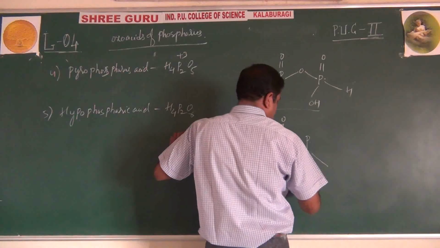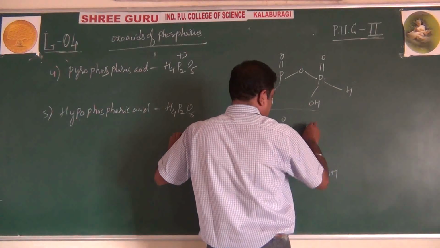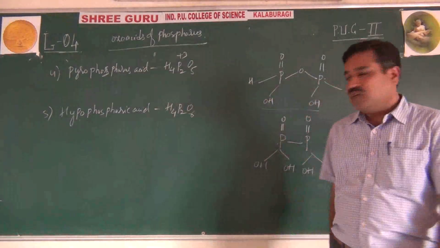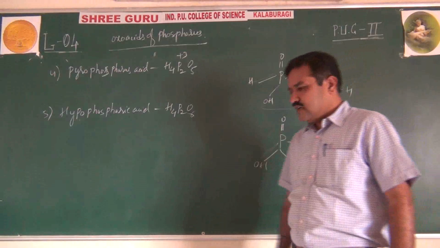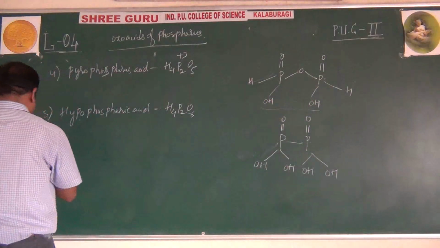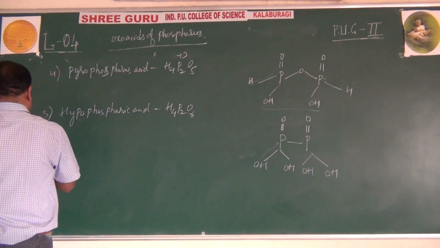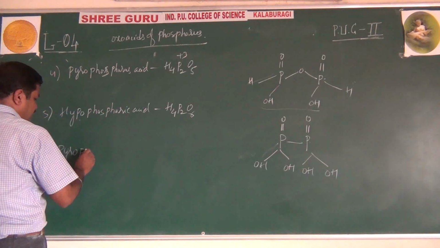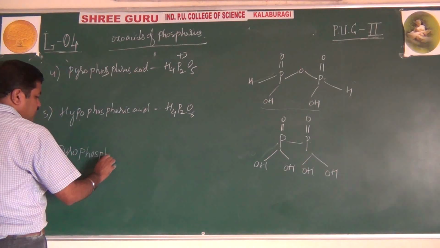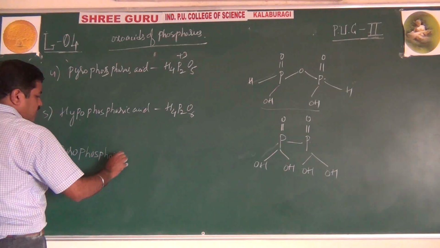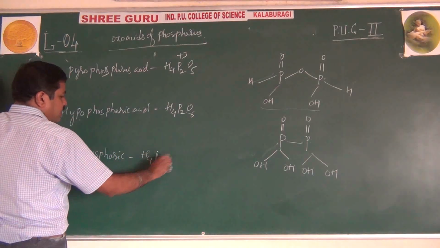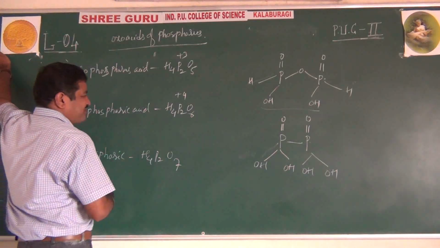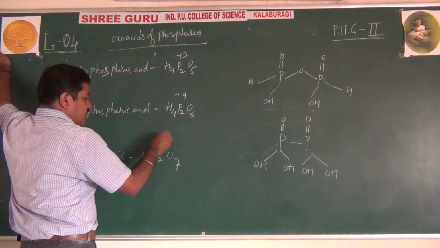This also has OH and this side a double bond. And lastly, the sixth one, very important for NEET and theory, pyrophosphoric acid, H4P2O7. Here +5.